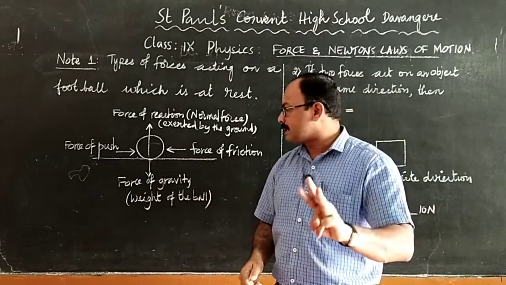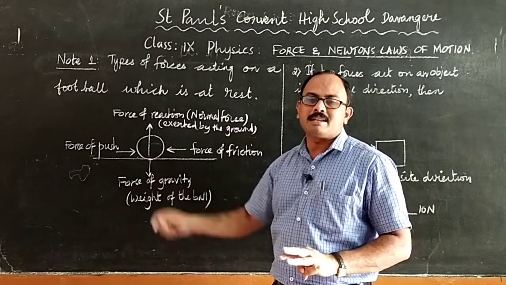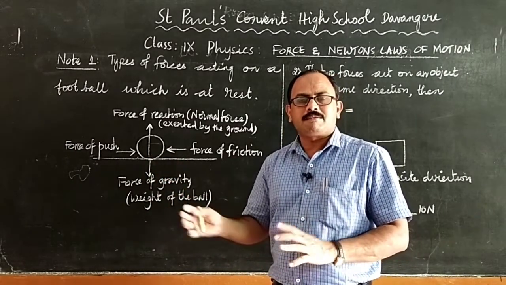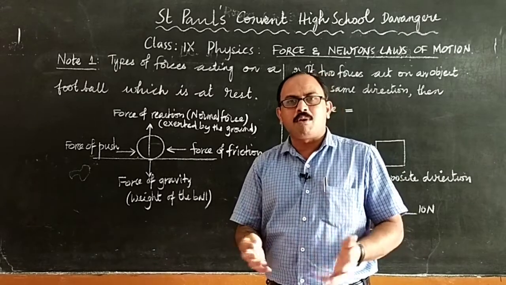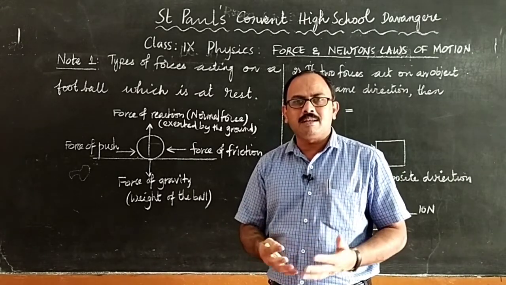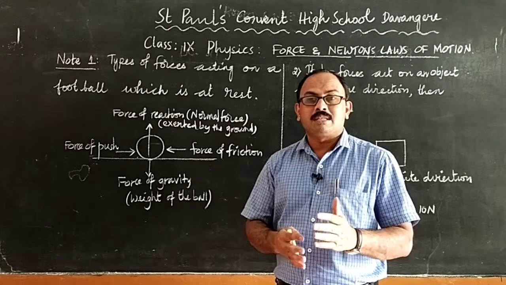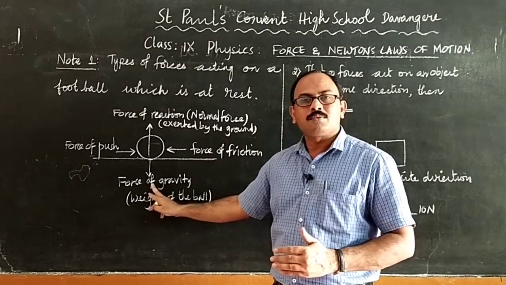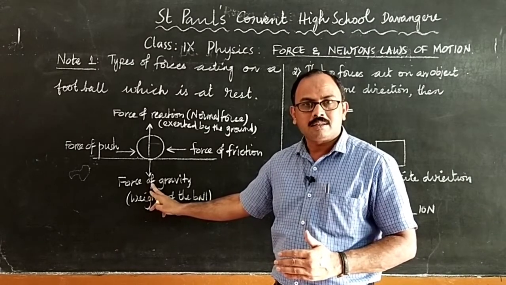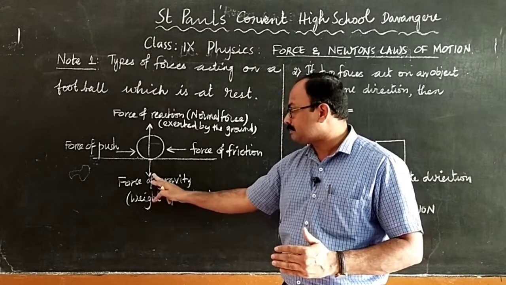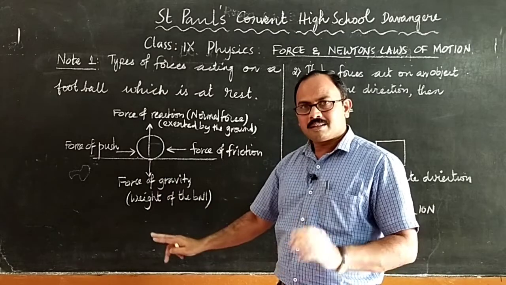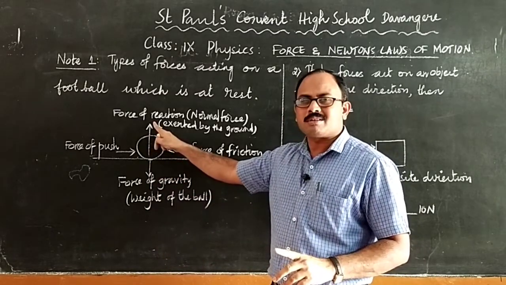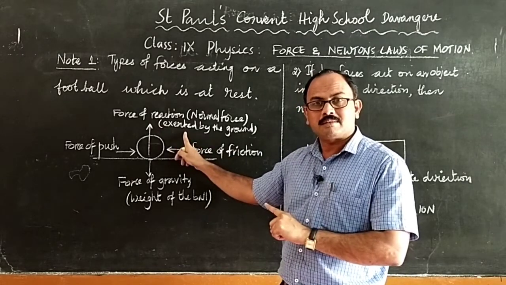The third is force of gravity. That is nothing but the weight of the ball. Instead of the ball, if we take any box, then it will have a weight. Therefore, it is the weight which is directed towards the center of the earth. So this is the force of gravity, towards the center of the earth. Then the fourth type of force we call the force of reaction exerted by the earth.